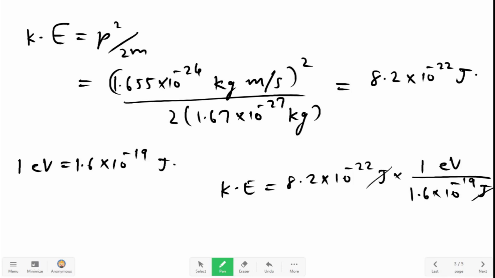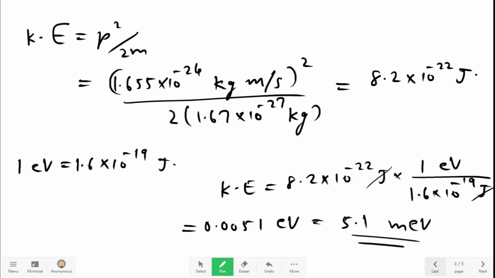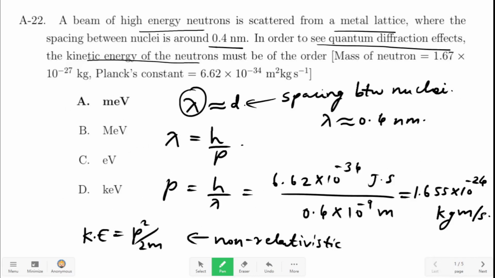Joule cancels. In eV, kinetic energy is equal to 0.0051 eV, which is equal to 5.1 meV, 5.1 milli electron volt. Therefore, the order of kinetic energy is in meV. Option A is the correct answer here.